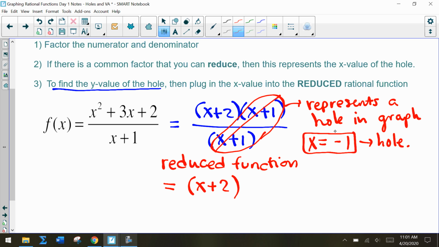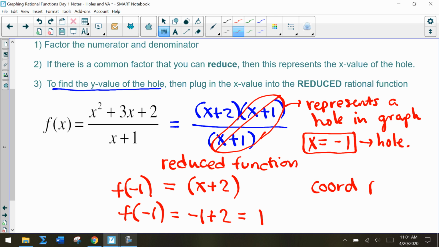And what we end up doing is plugging in -1 for the reduced function, and we get an output of 1. So we know that the location or the coordinate point is at -1, 1. So this is a bit tricky, so this is something that we're going to be practicing over the next week.